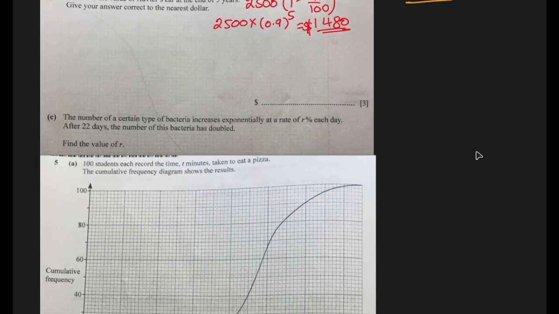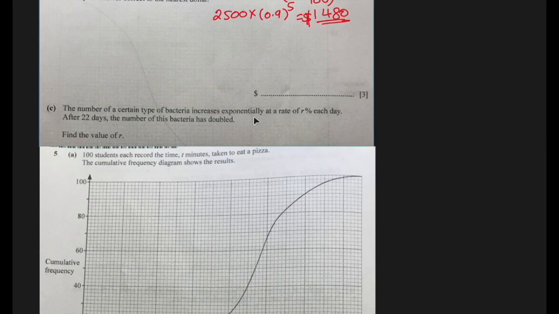The number of a certain type of bacteria increases exponentially, exactly the same, just like compound interest, R% each day. After 22 days, the number of bacteria has doubled. Find the value of R. They did not give us the initial value, so we can just say it's x, some unknown number.